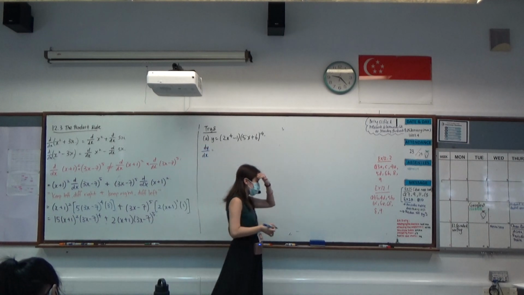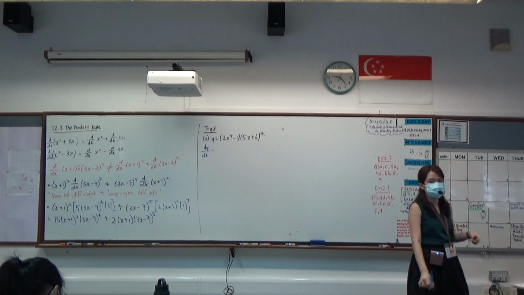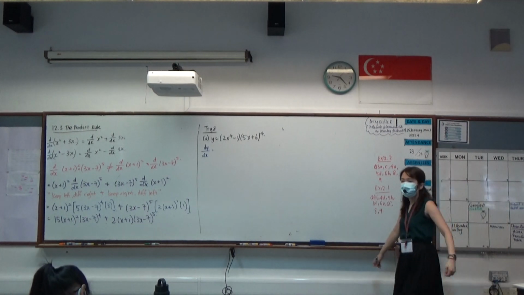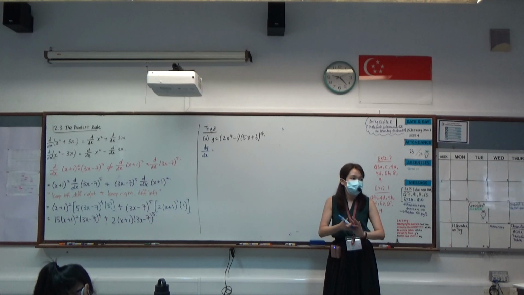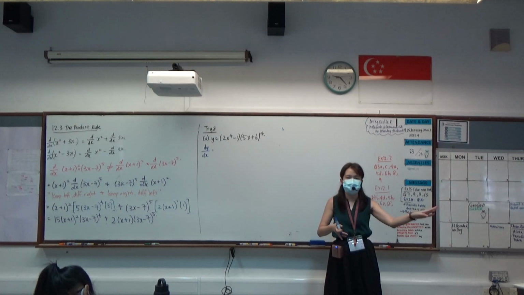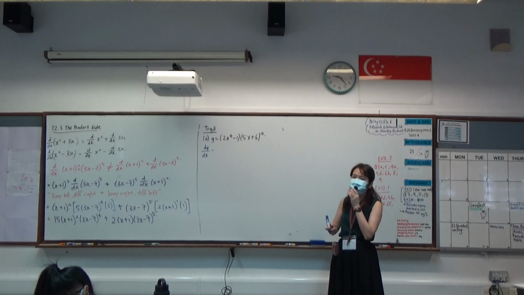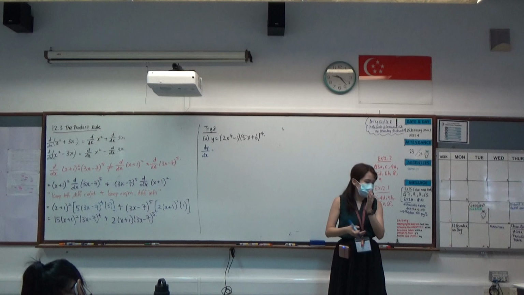Could I get someone to tell me what dy over dx is going to be? What will you start writing first? I think you know your product rule already, so I should ask someone who doesn't know. Okay, so maybe Zhenxue, what do you think?